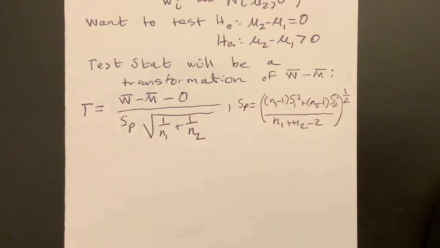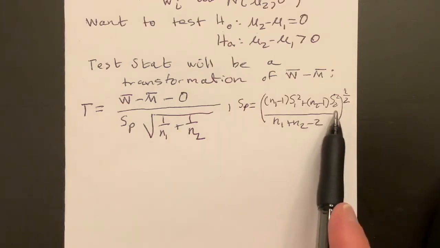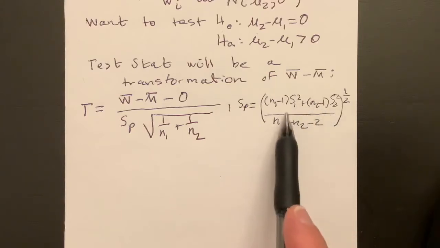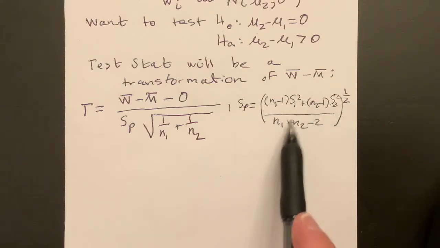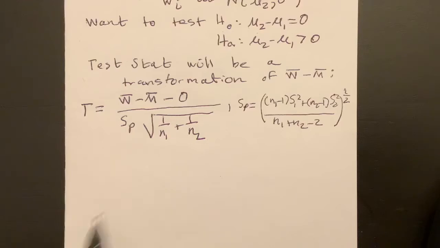Okay? So you can see this looks like a weighted average of the two sample variances, and then I take the square root of that, which is like a standard deviation. Okay.